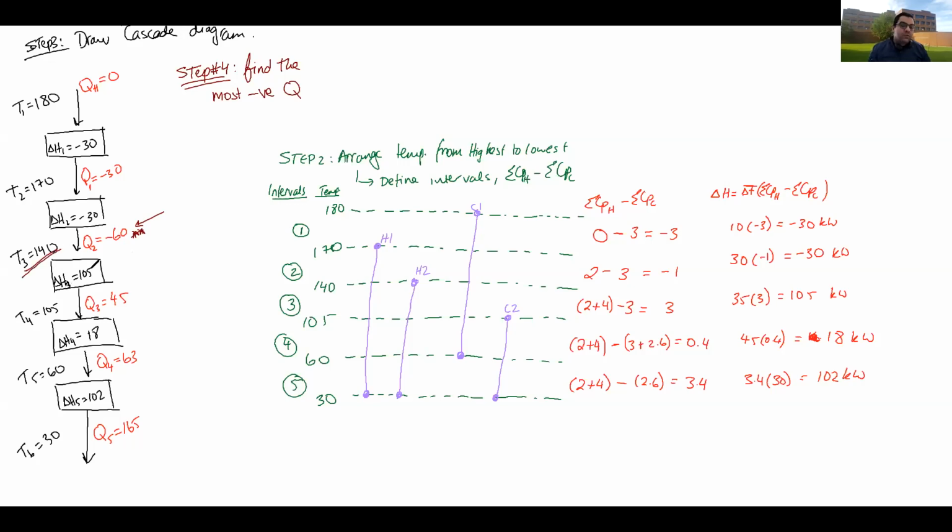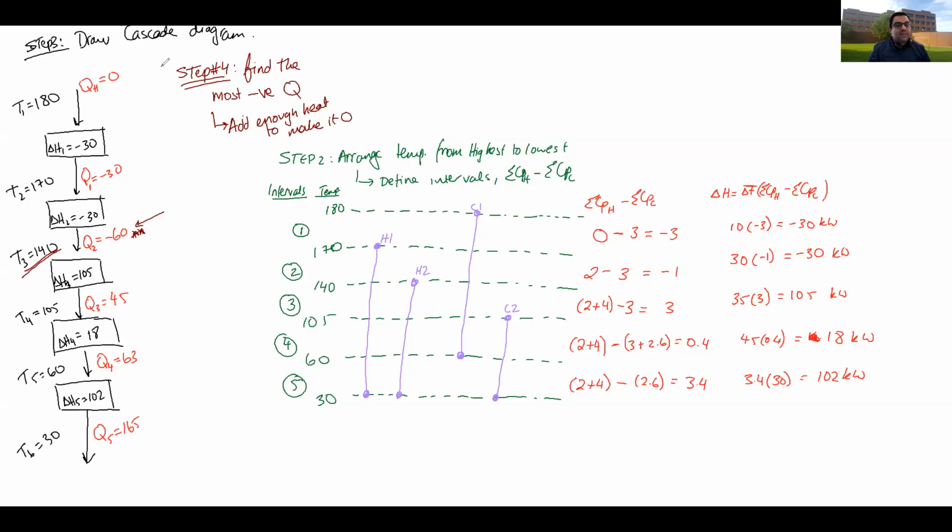So after finding the most negative Q, the next step would be add enough heat to make it 0, right? To make the most negative point 0.